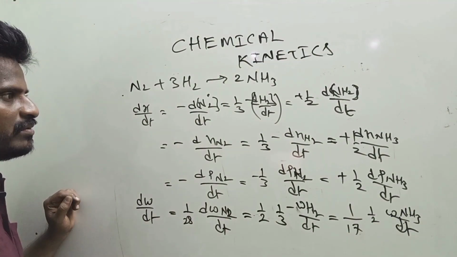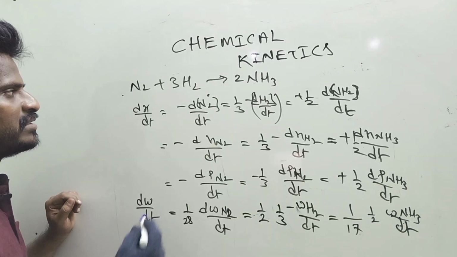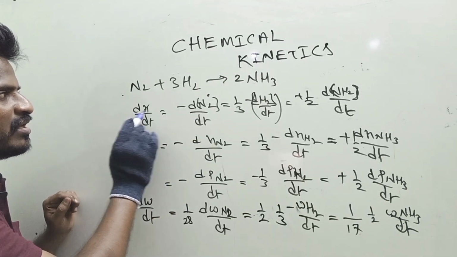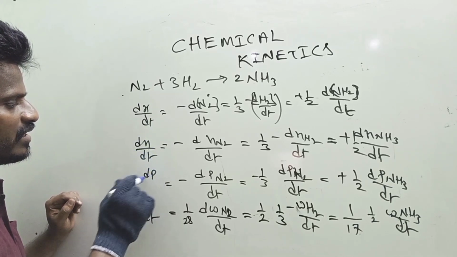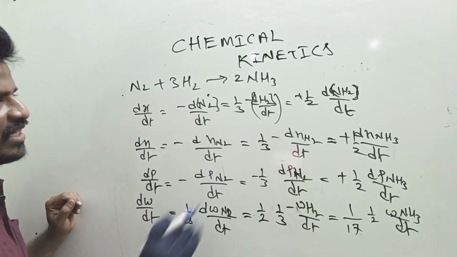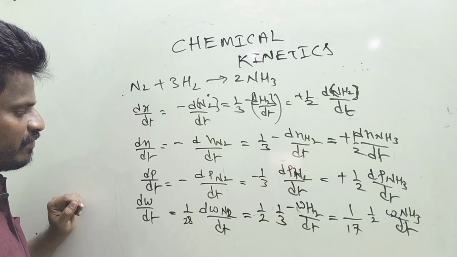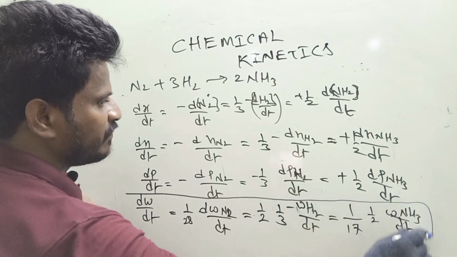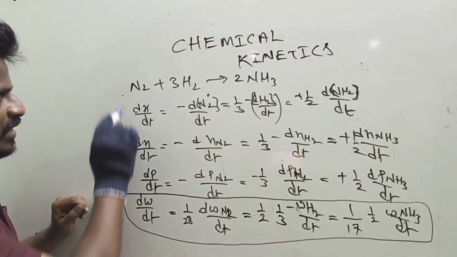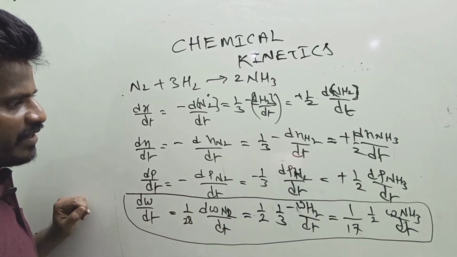Let us observe these equations. There is a similarity in terms of concentration, in terms of number of moles, and in terms of partial pressure, in their rate expressions. Whereas with weights, these values are multiplied by the reciprocal of their atomic weights and molecular weights.